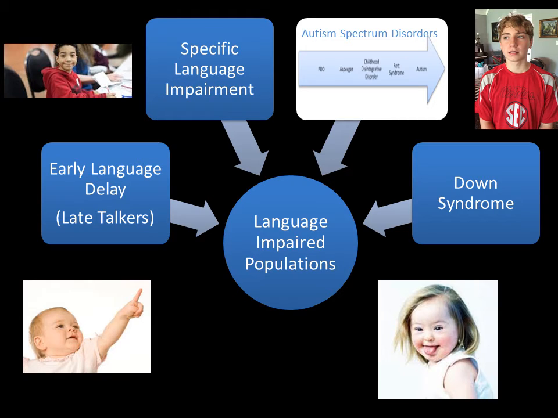The next population we'll talk about are children who have autism spectrum disorders. These are a complex set of pervasive developmental disorders, and they include autism, Rett syndrome, childhood disintegrative disorder, Asperger's syndrome, and pervasive developmental disorder not otherwise specified, or PDD-NOS. You've probably heard of some of these disorders, but they're all grouped together under ASD, or autism spectrum disorder.